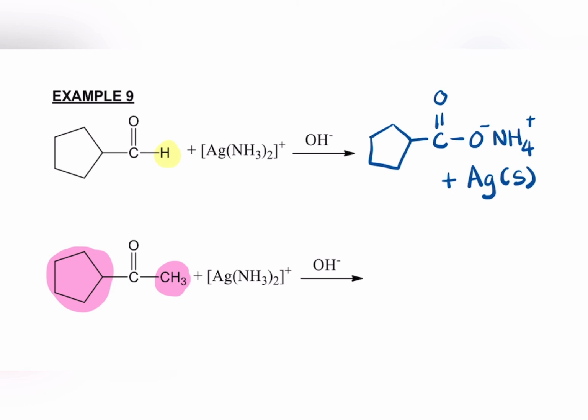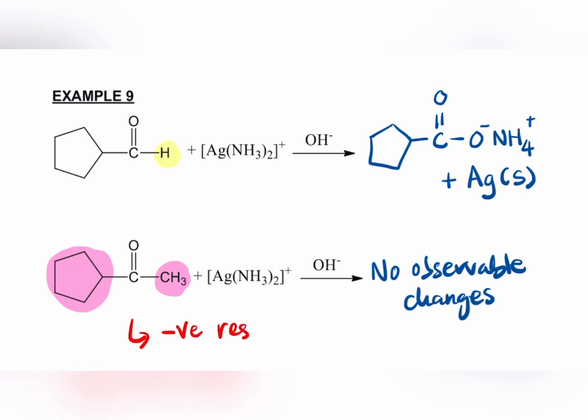So when you react ketones with no reducing hydrogen in the compound with Tollens reagent, you will form no observable changes. So I'm going to write no observable changes at my product side. This is because ketone will give you a negative result. So please remember about this one.